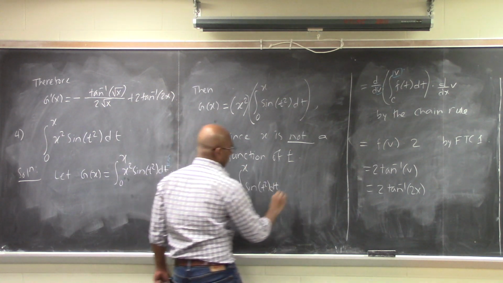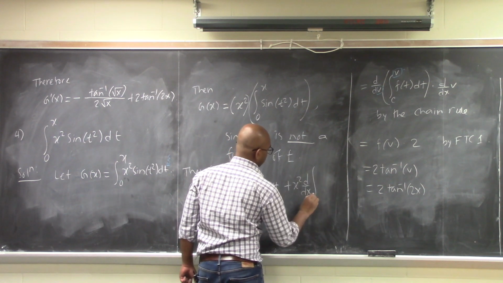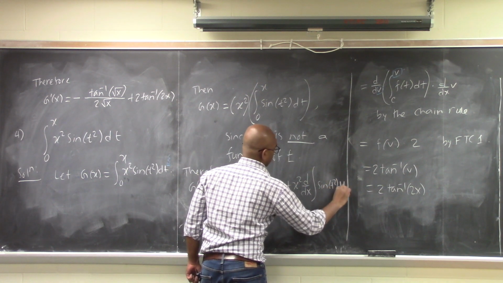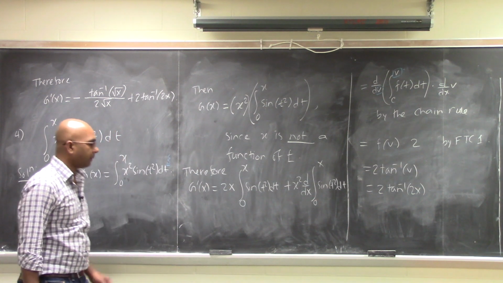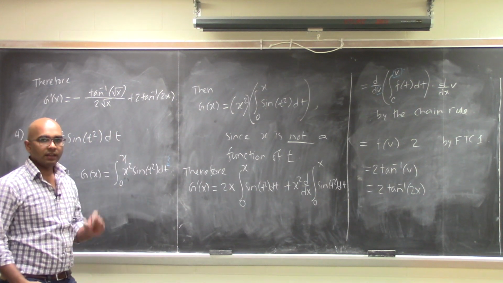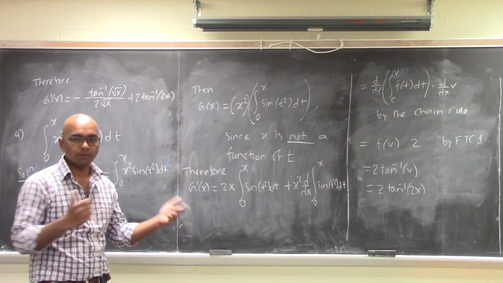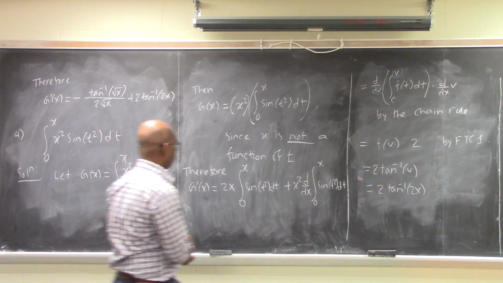And then x squared will be a factor, but then we need to differentiate this guy, the integral of sine of t squared dt from 0 to x. Okay. Now tell me, is sine a continuous function? Yes, it is. It is continuous everywhere, right? So we can apply FTC1 there.